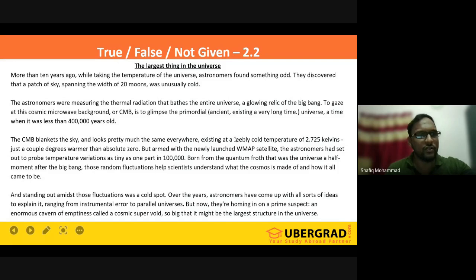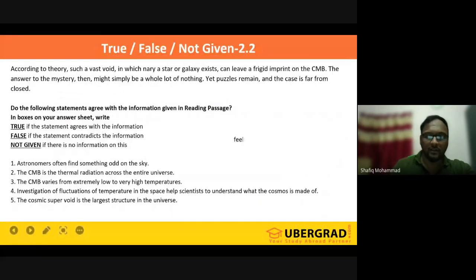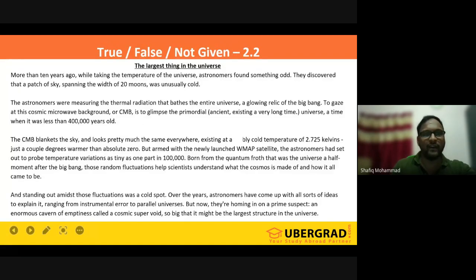No issues. So the first answer is not given. The reason is astronomers often find something odd in the sky. Often is something which is very frequent, right? Here, more than 10 years ago, while taking the temperature of the universe, astronomers found something odd.